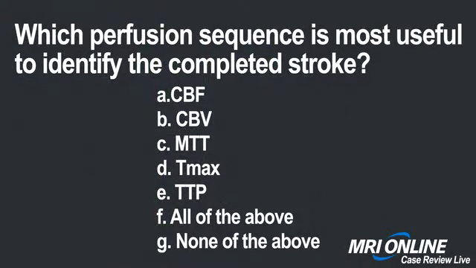Which perfusion sequence is most useful to identify the completed stroke? Is that CBF, CBV, mean transit time, Tmax, time to peak, all of the above, or none of the above? So the perfusion sequence that's most useful for identifying a completed stroke, not necessarily in this case, but in general. So 38% said CBF, 25% CBV, and some said all of the above.